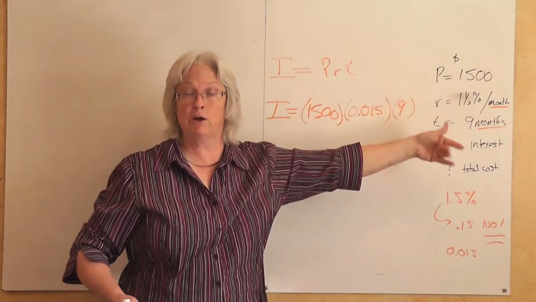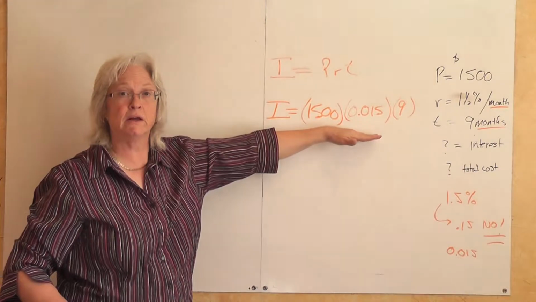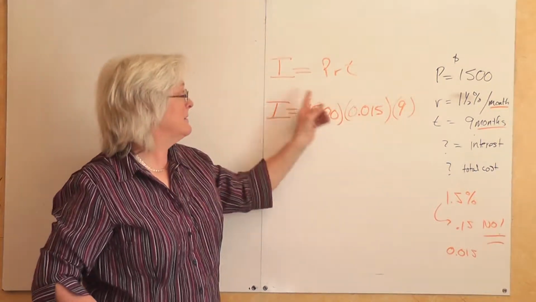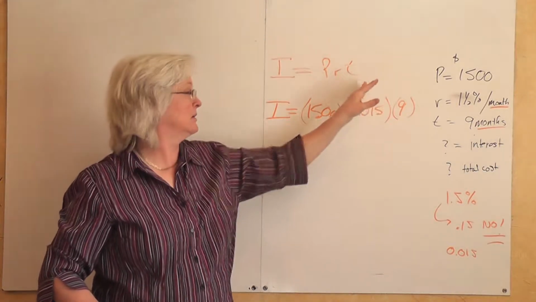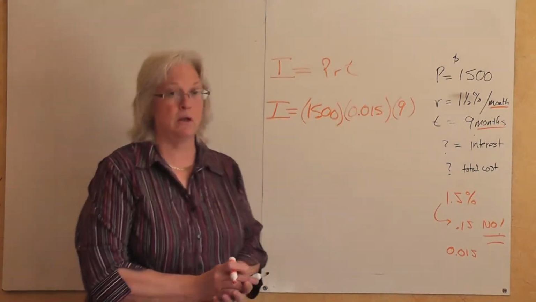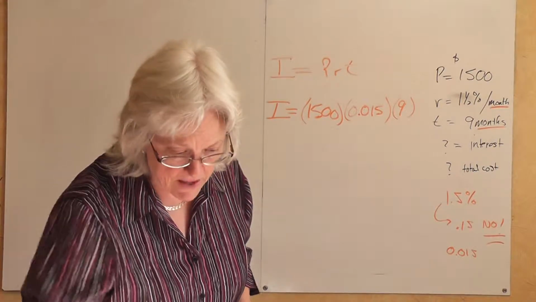Month, month, year, year, day, day. And as long as they're the same, you directly plug the values into this very simple formula. Interest is equal to principal times rate times time. Use your calculator. Make sure that you have an understanding of what is going to be a reasonable amount.